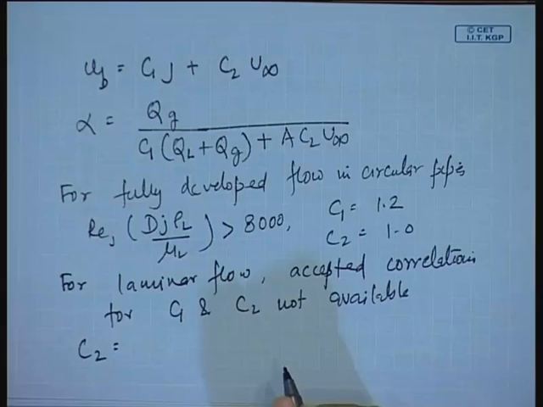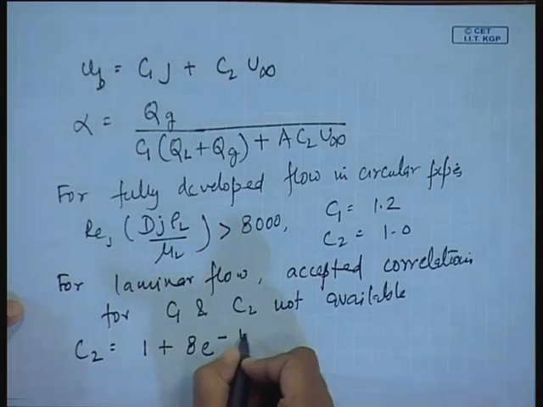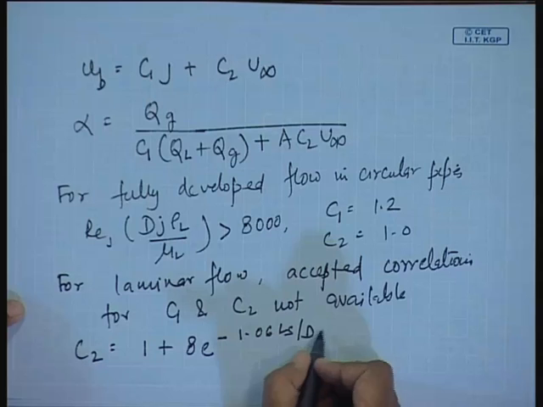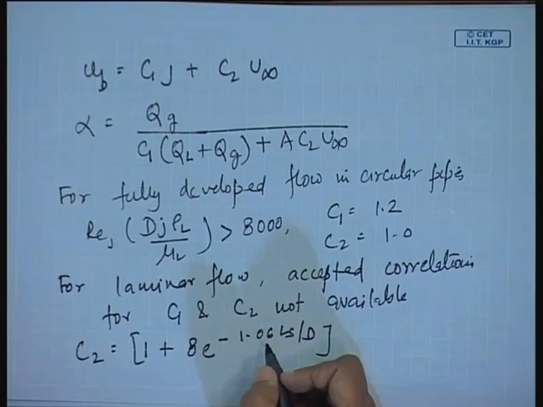So, therefore, it should be a function of liquid slug length, isn't it? So, people have proposed expressions of this sort: 1 plus 8 e to the power minus 1.06 Ls by d, where Ls is the liquid slug length, or in other words the bubble separation length.